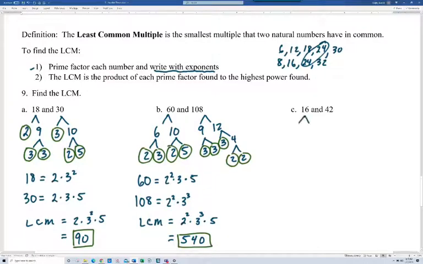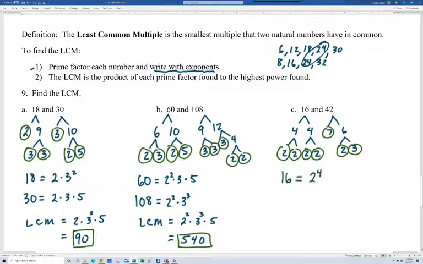All right, so 16 you can break down into 4 times 4, and we can break that into 2's, and we get 4 2's multiplied there. For 42, we can write that as 7 times 6, and 7's prime. And then 2 times 3 gives us the prime factorization of 6.